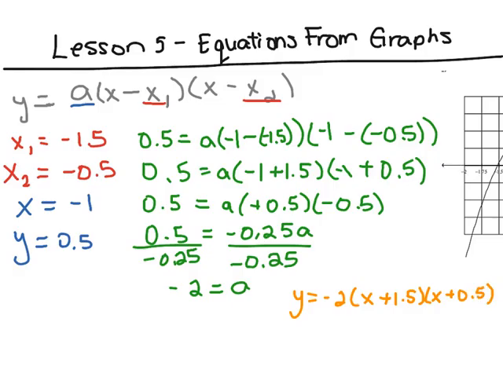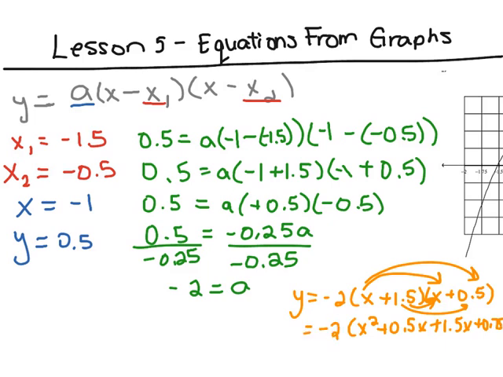And we want to rewrite it because we want it to be for any x and for any y. If we wanted to put this into general form or standard form, we need to get rid of the brackets. So we'd have x squared plus 0.5x plus 1.5x plus 0.75, and the whole thing's times negative 2.